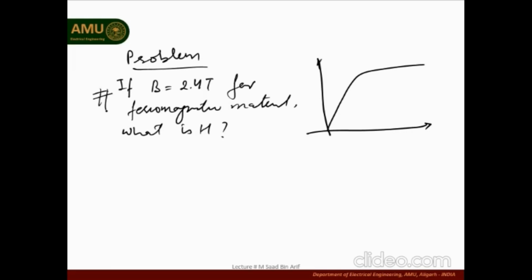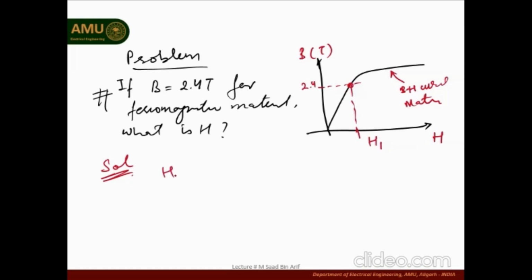It is very simple. We know that here we have H, here we have B in Tesla. If we know the BH curve of the ferromagnetic material, just mark here 2.4, and corresponding to this point you can have the value of H, which is the H required. In this way you can read the BH curve.